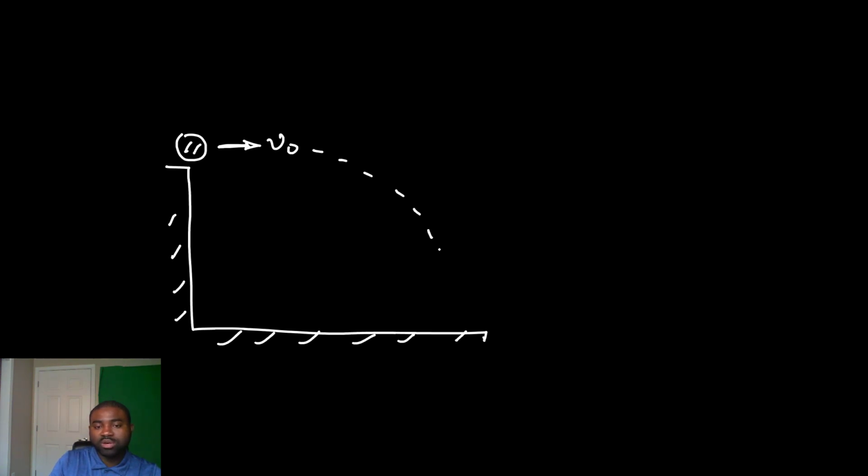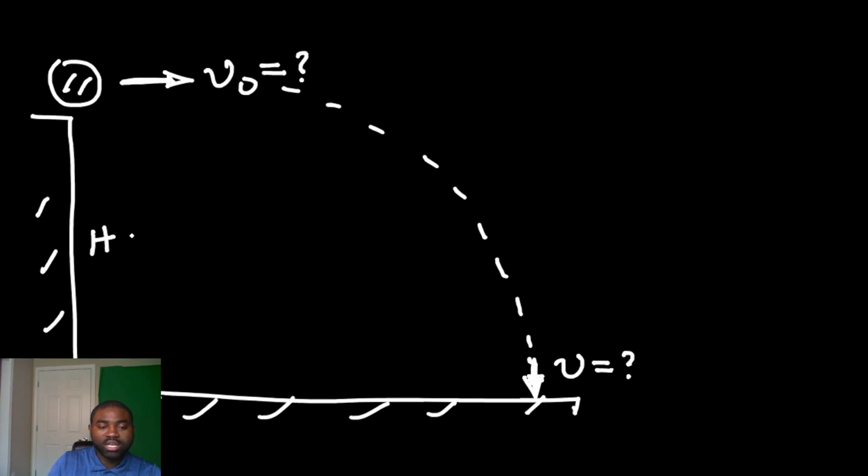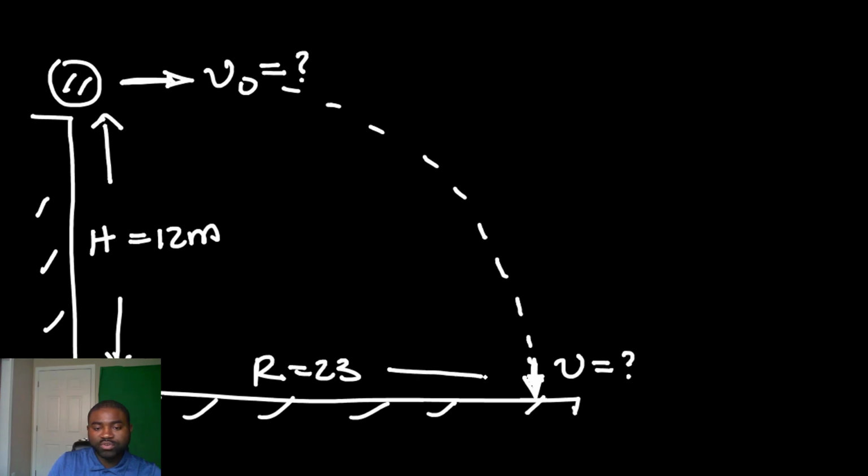It follows a parabolic path to hit a target, and we are required to calculate the speed v at impact. We also need to calculate the initial speed. We know that the height h is 12 meters, and we know that the range r is 23 meters.